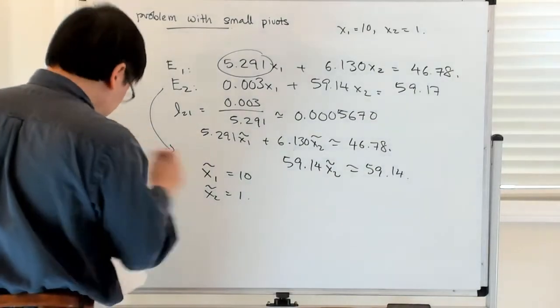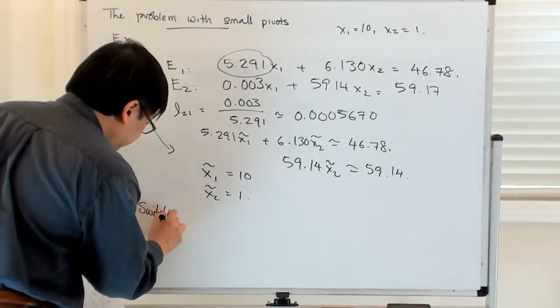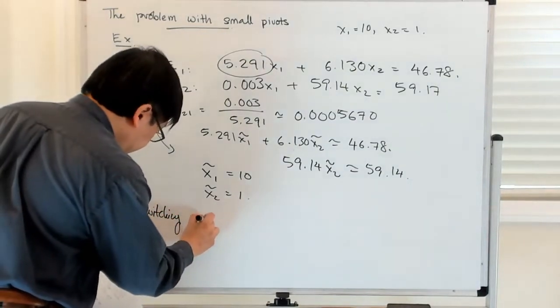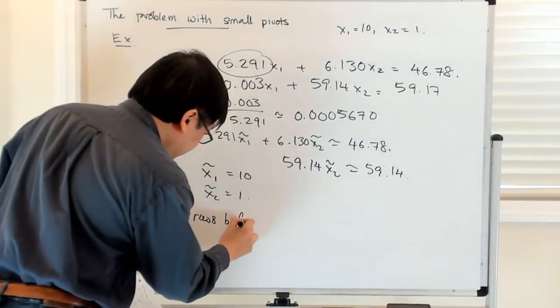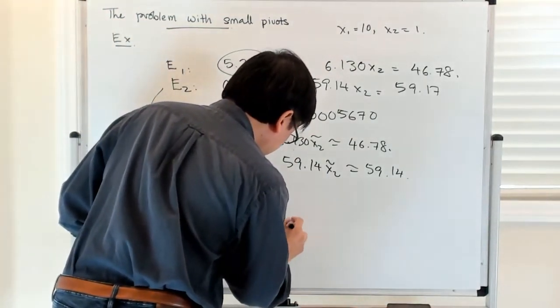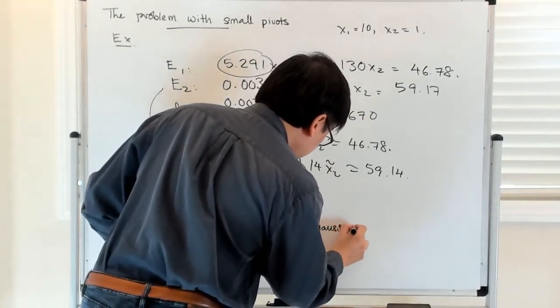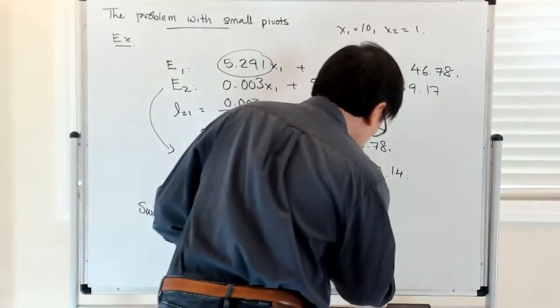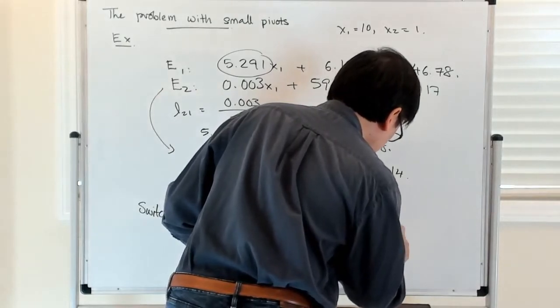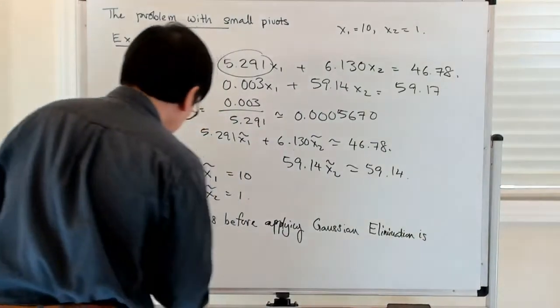So what is this process called? Switching rows before applying Gaussian elimination is called pivoting.